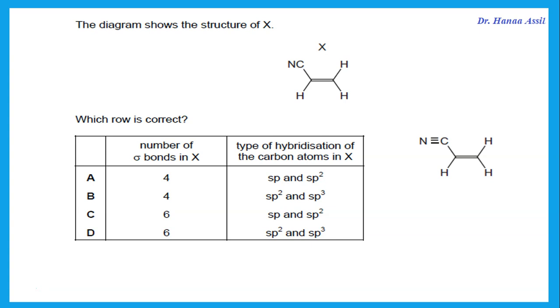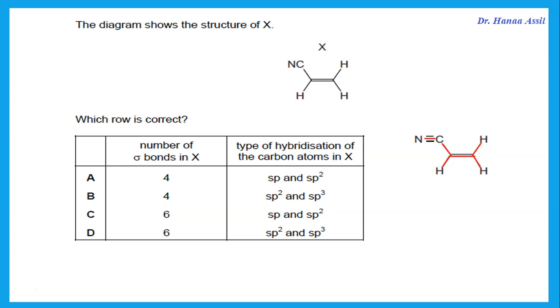So we have one sigma bond between the C and the N, and in the double bond, one of the bonds is a sigma, and all the single bonds are sigma. So the total number of sigma bonds is what? 6, right? The total number of sigma bonds in this compound is 6.